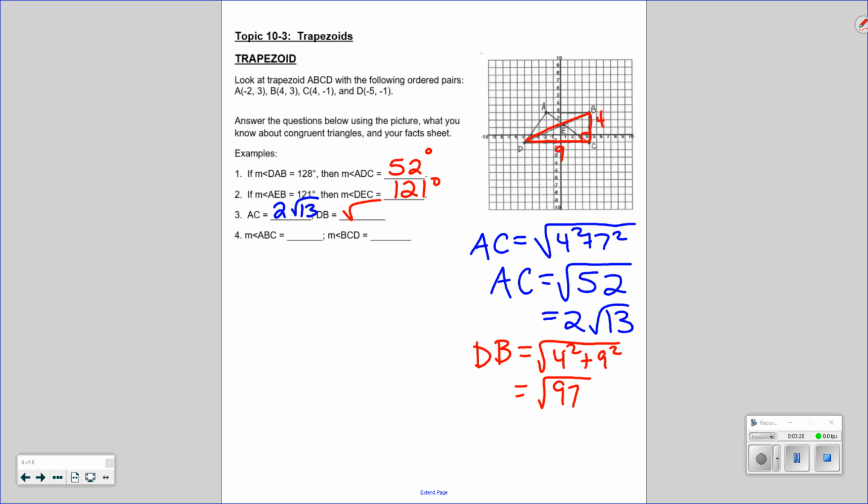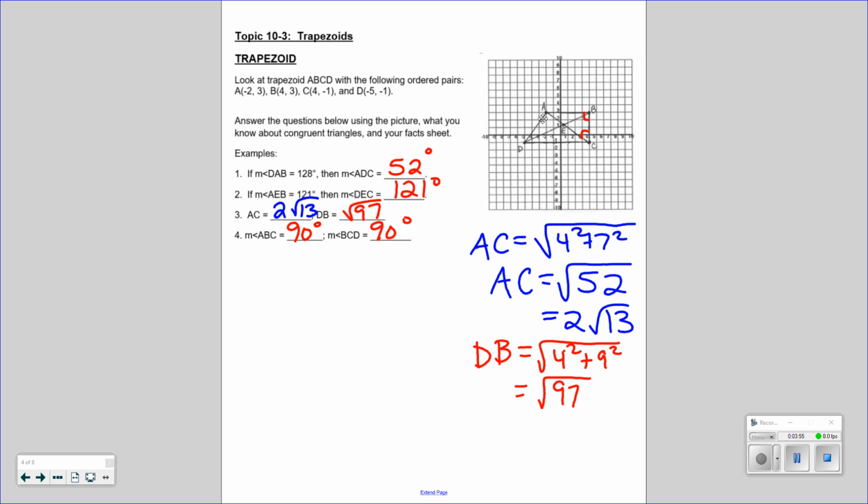So we can see here that the diagonals are not congruent. So this is a generic trapezoid. Diagonals are not congruent. What's the measure of angle ABC? Well, that's 90, right? Because you've got a horizontal and a vertical line. And then the measure of angle BCD is also 90 for the same reason, but also same side interior angles should add up to be 180.